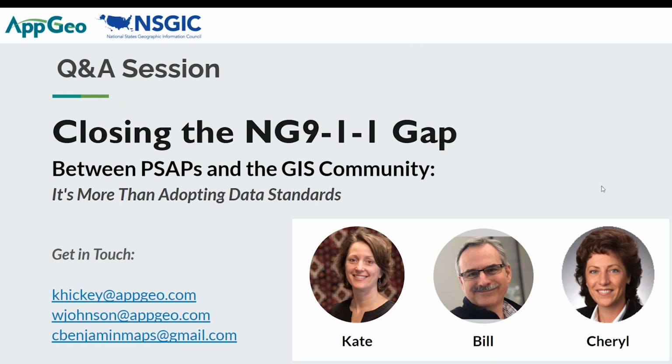We actually got kind of lucky in New York to get our address project started. We had a federal grant that we won that was associated with broadband mapping, and we had made the case that there was an additional pot of money available under the broadband program to improve the mapping to address level. And we made the case that in order to do that, we had to have accurate address points.